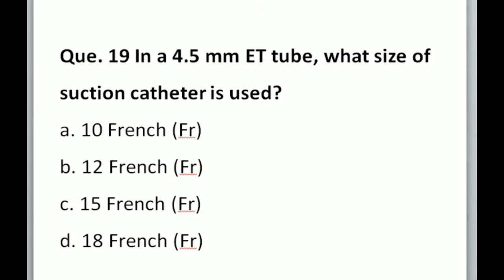Q19. In a 4.5 mm ET tube, what size of suction catheter is used? A. 10 French, FR. B. 12 French, FR. C. 15 French, FR. D. 18 French, FR. Correct option is A. 10 French, FR.